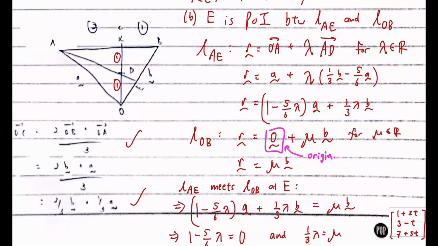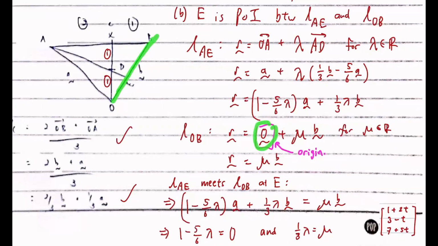Since this is the line OB, it passes through the point O. So I can just use the origin, which means it's 0, 0, 0. I can essentially ignore it. In the world of vectors, the zero vector is like a 0 in the real numbers. So you plus a zero vector is the same as ignoring it. Then you just have mu times vector B. This is the vector equation of line OB.